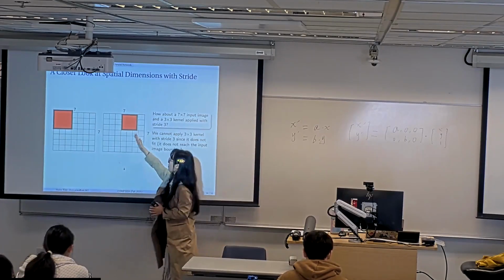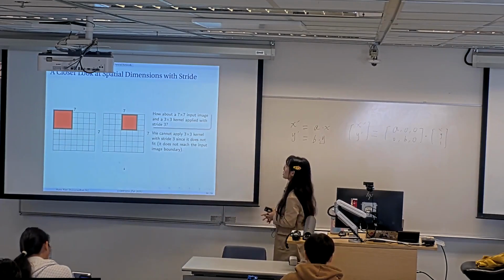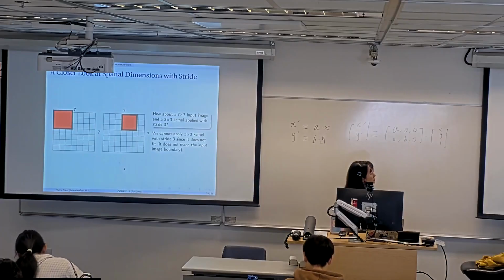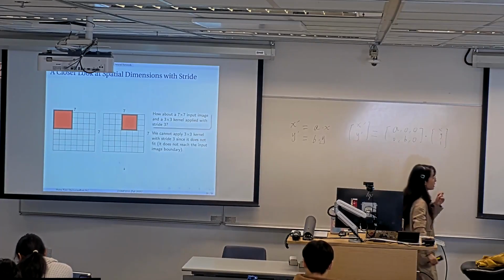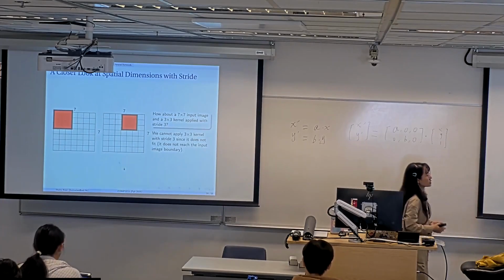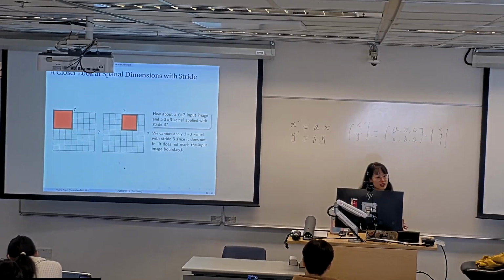But until this step, we haven't reached the boundary. So that means this does not fit the input image. If we use stride 3, it simply does not fit. So we cannot apply a 3x3 kernel with stride 3. It does not reach the input image boundary, and if you slide it over, it will exceed the boundary. So it does not fit.